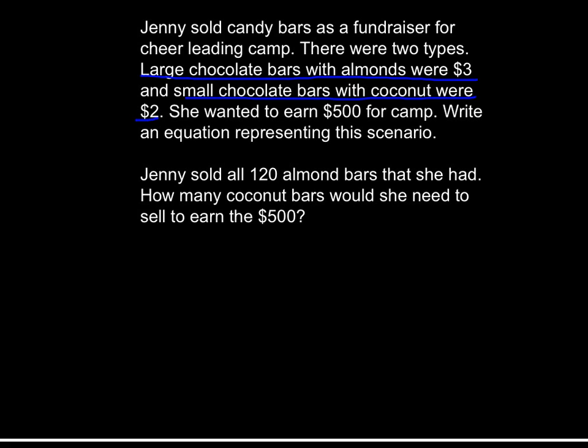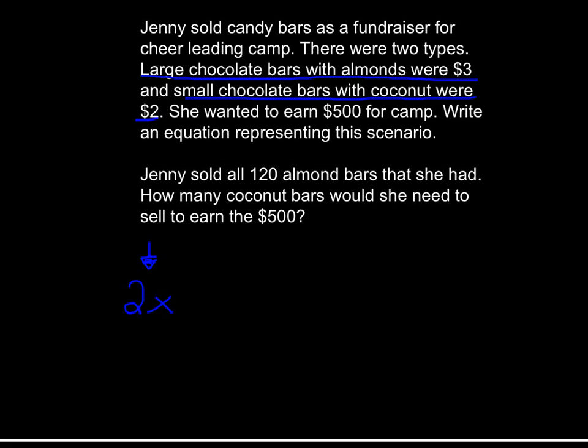So what we could say is that the small chocolate bars are the X's, and it doesn't really matter on this one which one is X and which one is Y. If I say $2 times X, this little statement right here would tell us how much money she made selling the coconut bars.